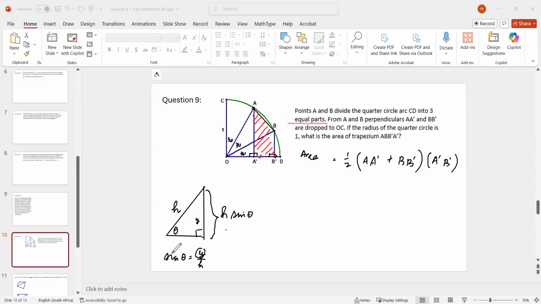So that's this. And likewise, the other side is h cos theta. So the adjacent is h cos theta, and the opposite is h sine theta.